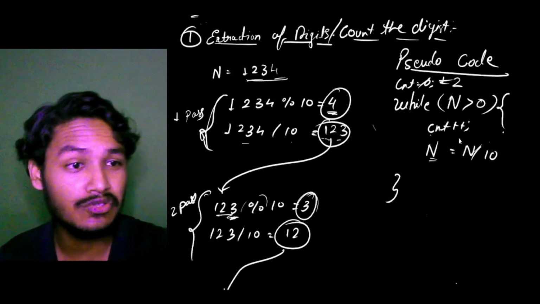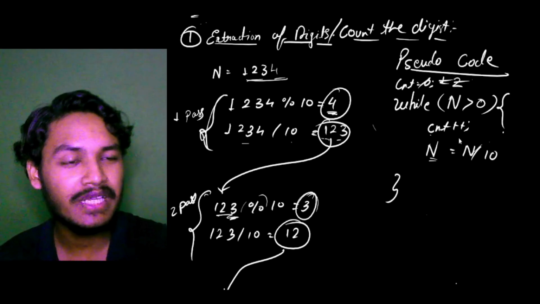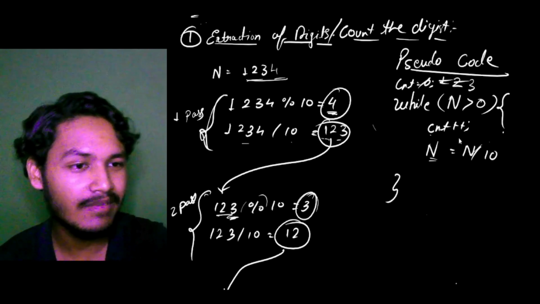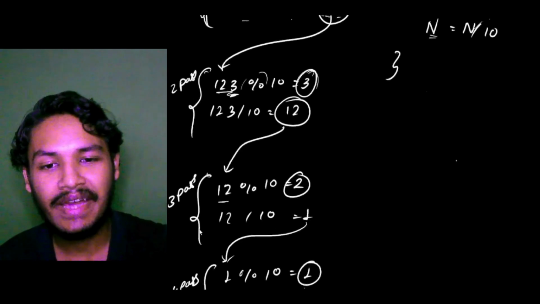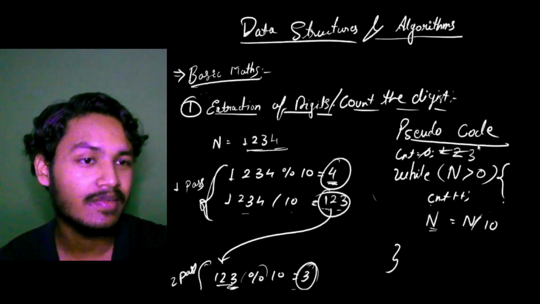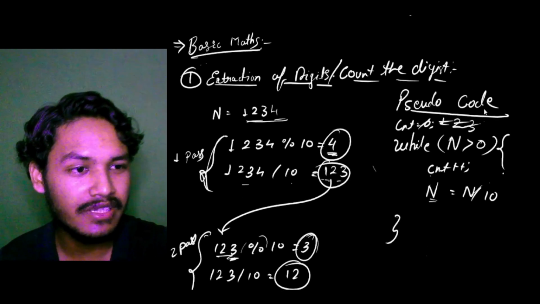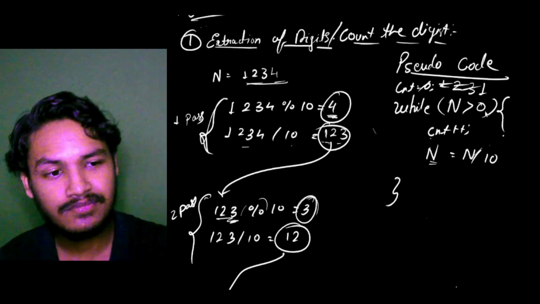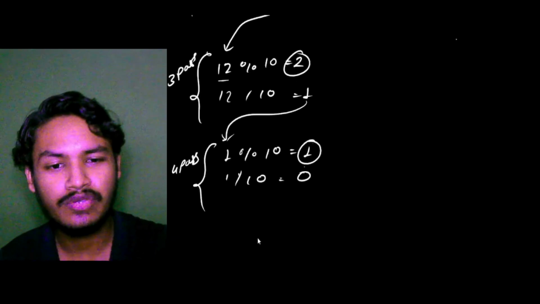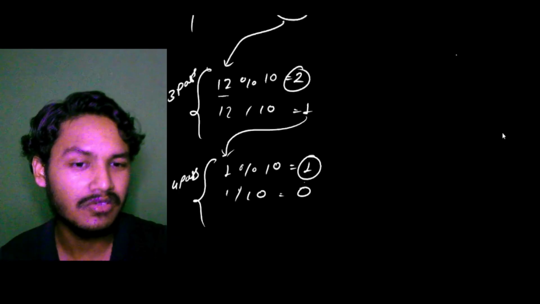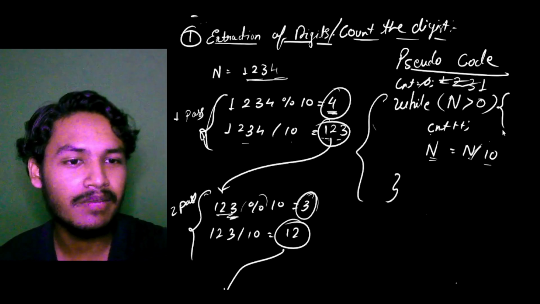Then we divide this number again, and you can see the number is 12, which is greater than 0, so we increment the count again, so the count value will be 3. Then again we divide this number, and at the end we have 1, and 1 is greater than 0, so we increment the count again, and again we divide this number by 10, so the number is now 0, and 0 is not greater than 0, so this while loop will break under this condition.